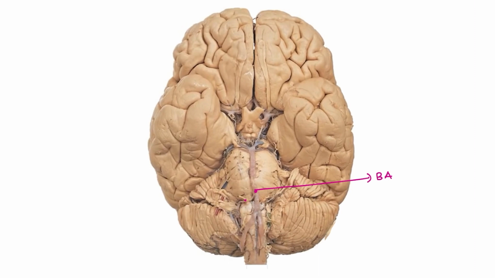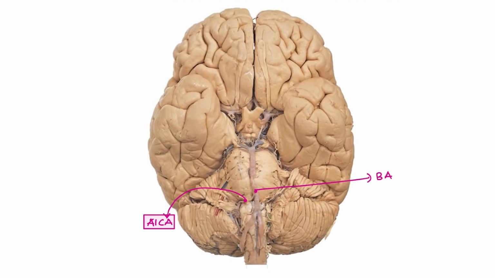Here we can clearly see the anterior inferior cerebral artery. It travels laterally and wraps around the pons to supply blood to the anterior and inferior aspect of the cerebellum as well as part of the lateral pons.